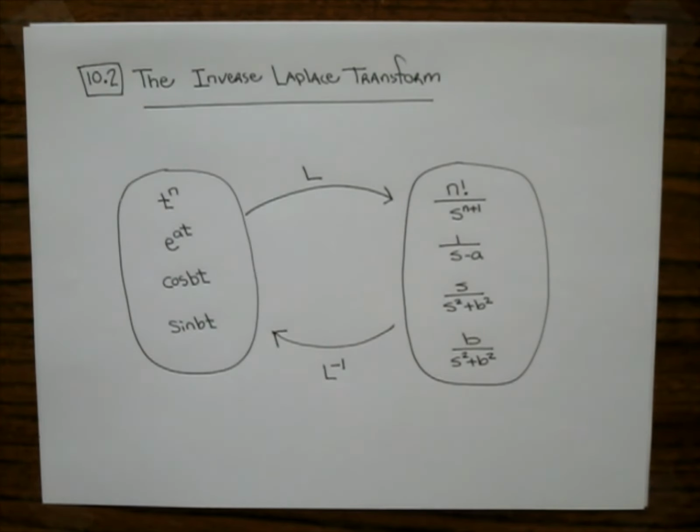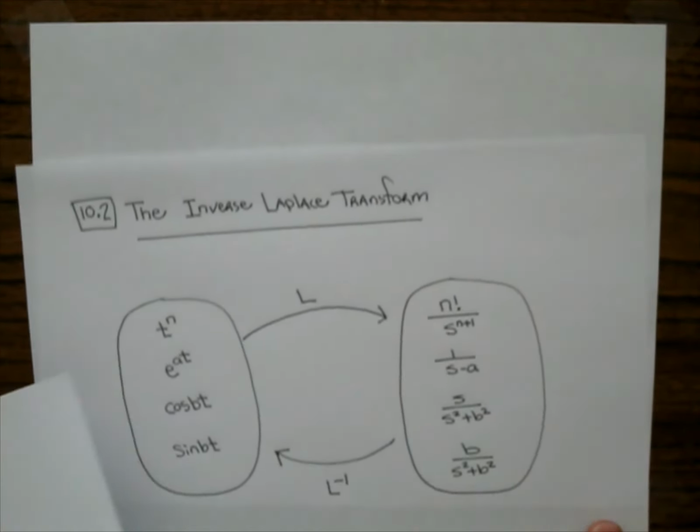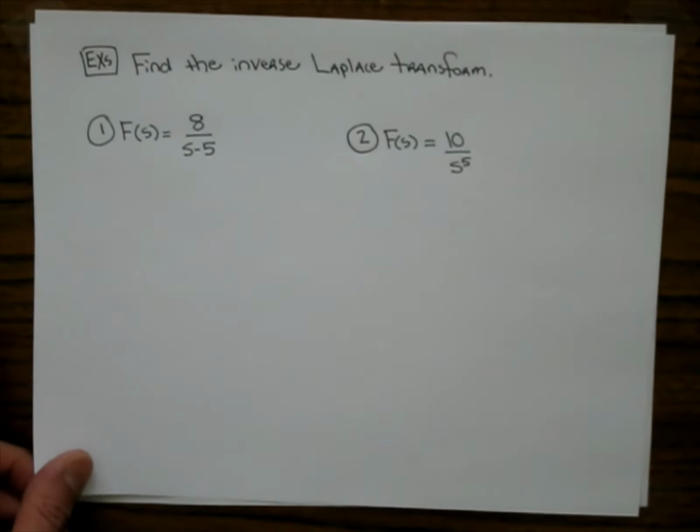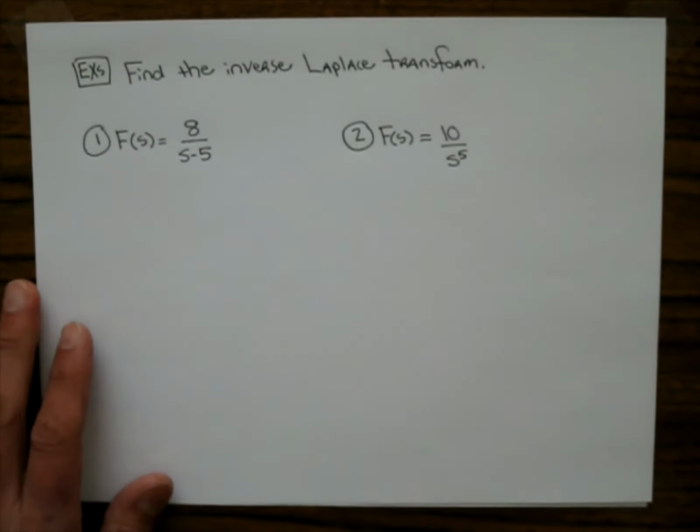So let's go ahead and do this, and we're not going to use the definition of the Laplace transform to get back. We're going to use those shortcuts. I'm going to do things a little differently than the book. Let's go ahead and look at some problems here.